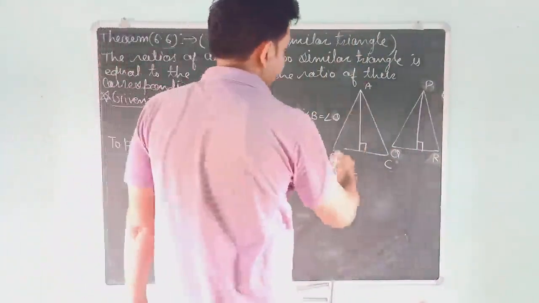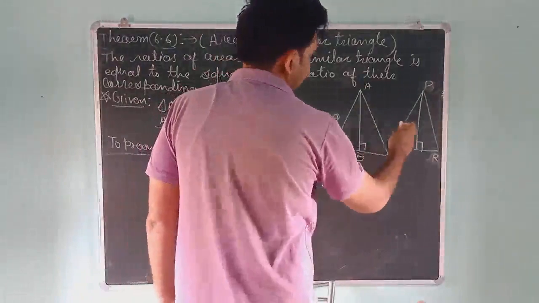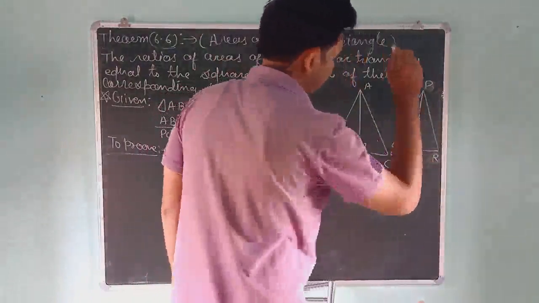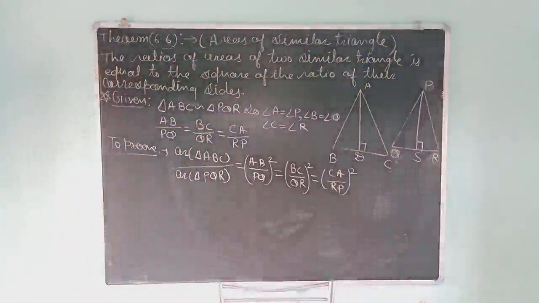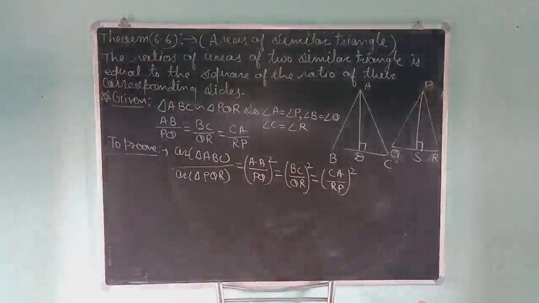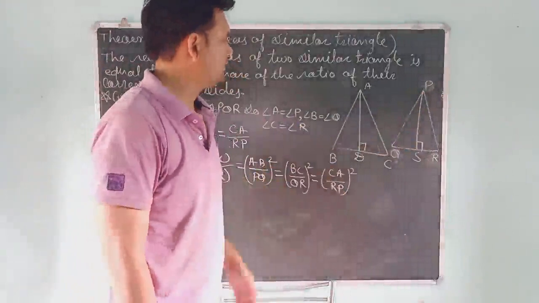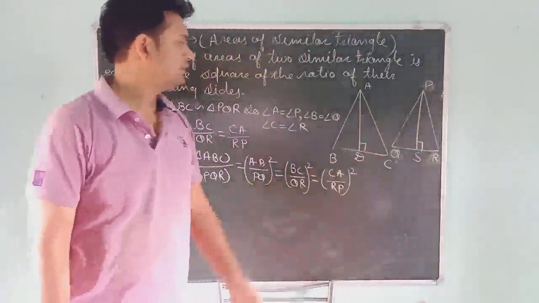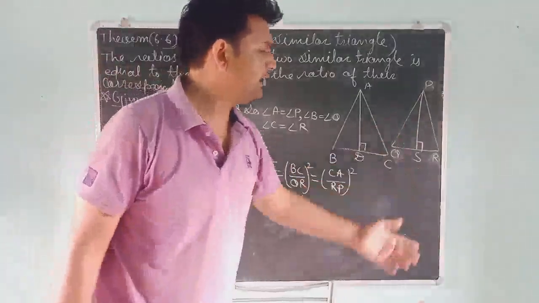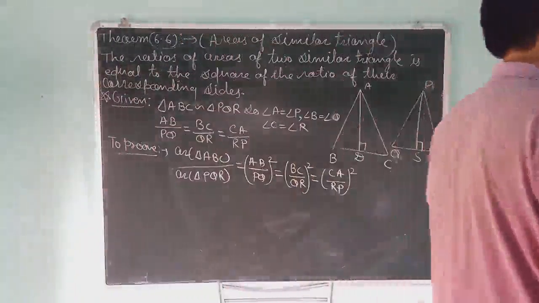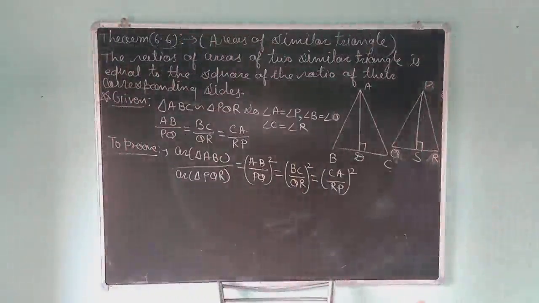And suppose that these points are D, and S. Okay, students, these are two perpendiculars, AD and PS, and they are perpendicular on base BC and QR respectively. So students, this thing you will write in construction.